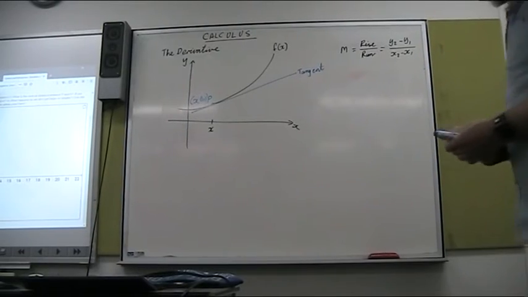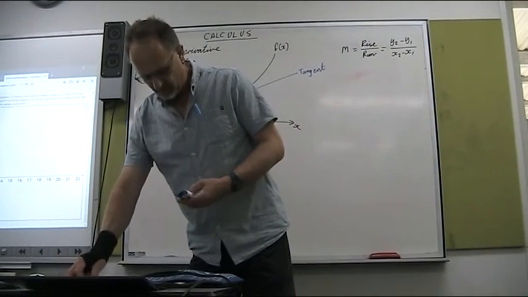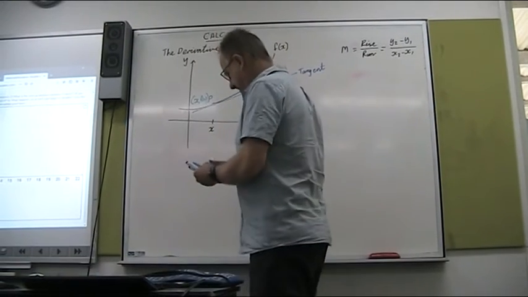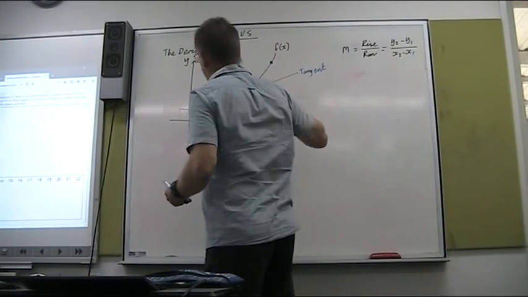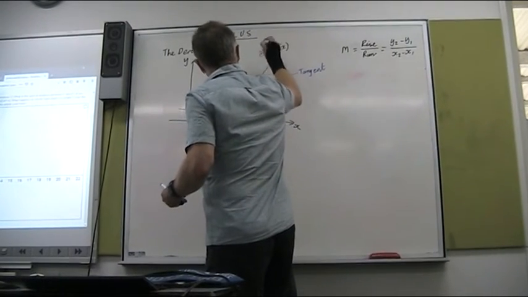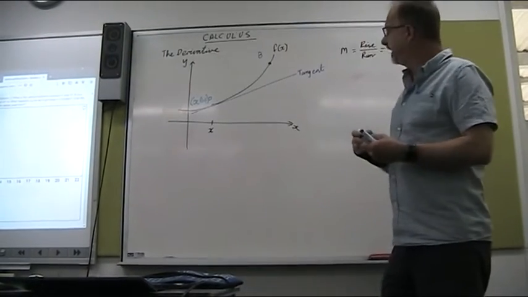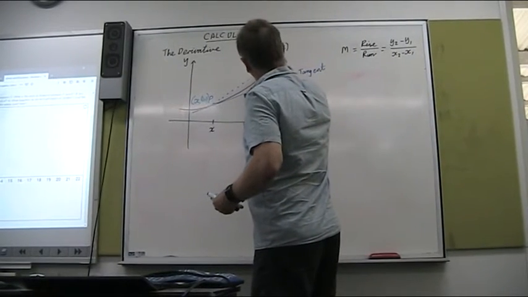So what we can do is say, what if I have another point? Let's say another point here, and I'll call this point B, and I can work out the gradient of that easily enough.